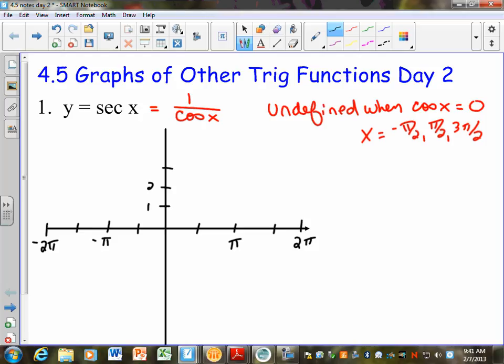Let's just go up, just like we did yesterday, except 3 or 4. And we can draw our asymptotes in. At negative pi halves, at pi halves, at 3 pi halves. Again, those should be equally spaced, but mine aren't so good.